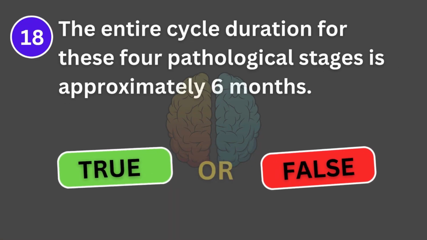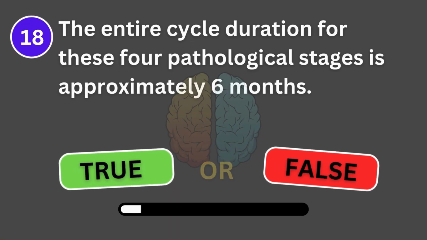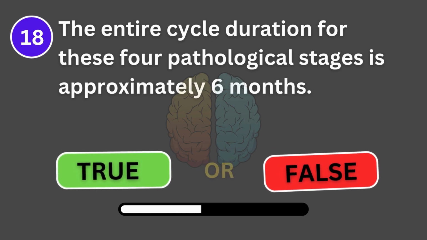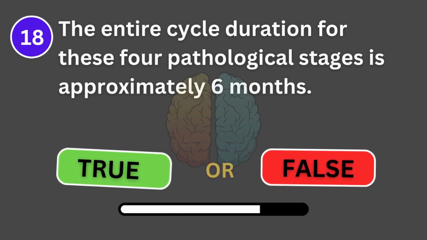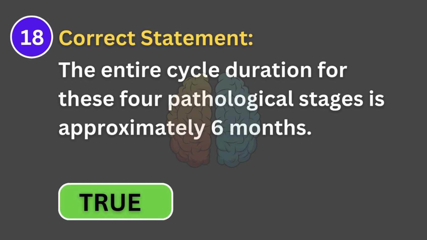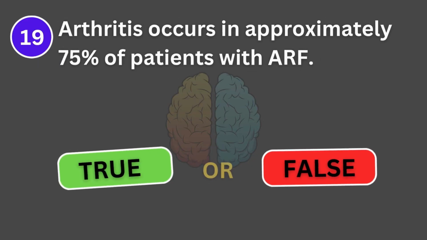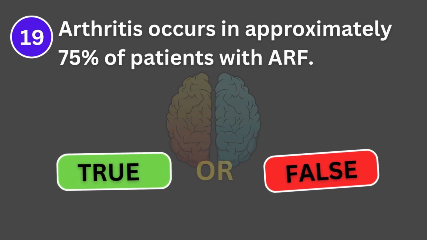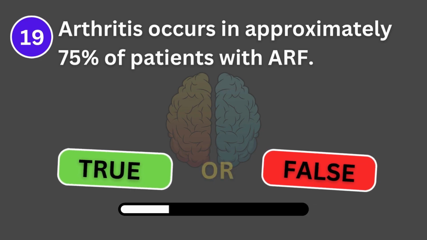The entire cycle duration for these 4 pathological stages is approximately 6 months. Arthritis occurs in approximately 75% of patients with ARF.